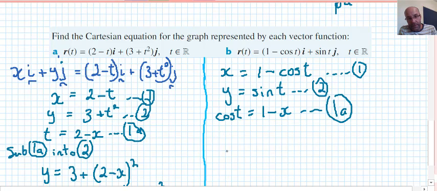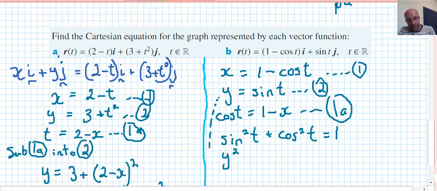Now, using the Pythagorean identity, so that would be sine squared t plus cos squared t equals 1. Using equation 2, we've got y squared equals sine t all squared, or sine squared t, as you know.